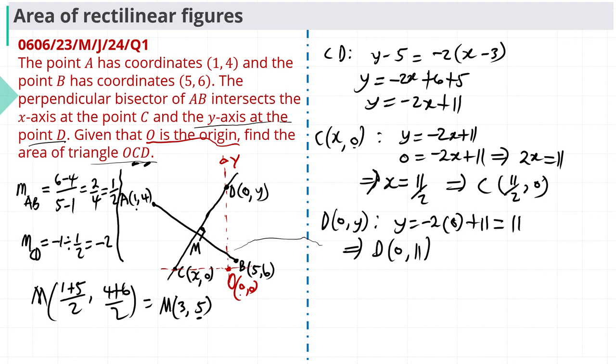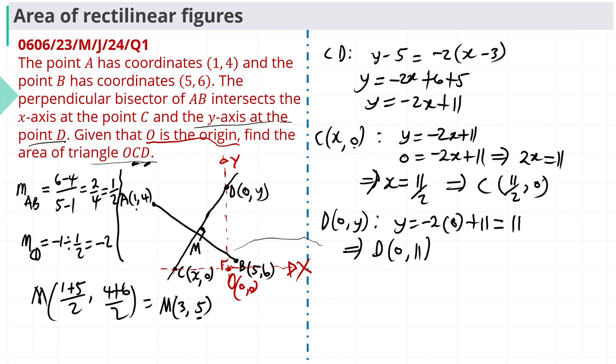We should have (0, 0) here so that the coordinate of D can be (0, y) and the coordinate of C (x, 0).